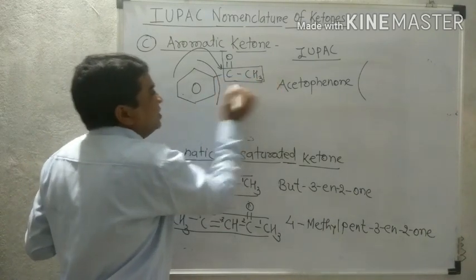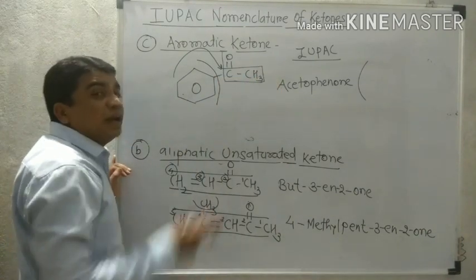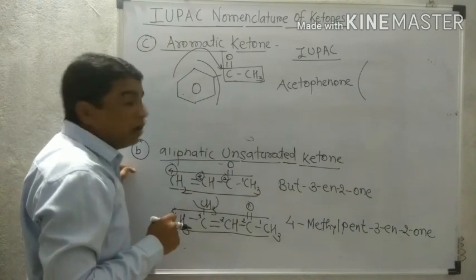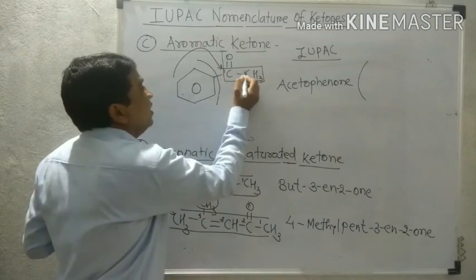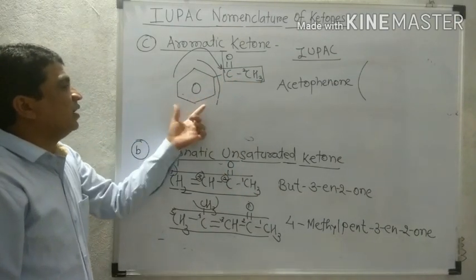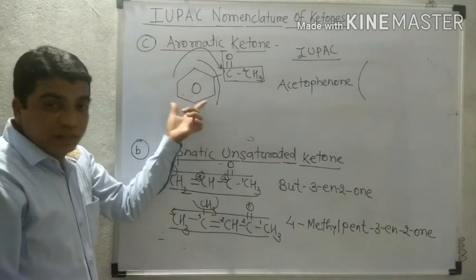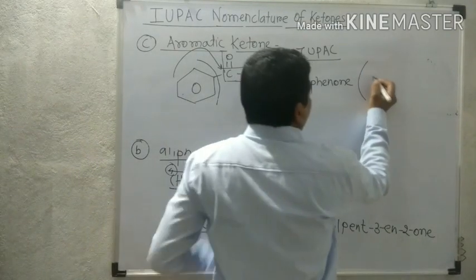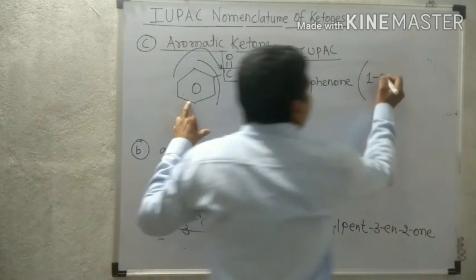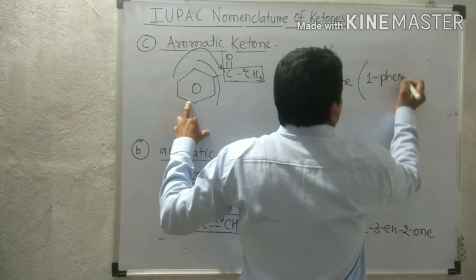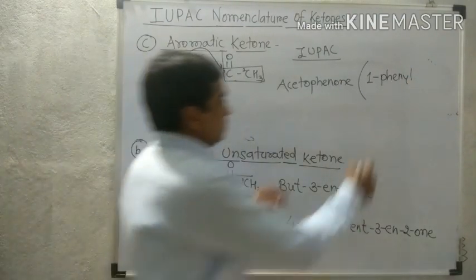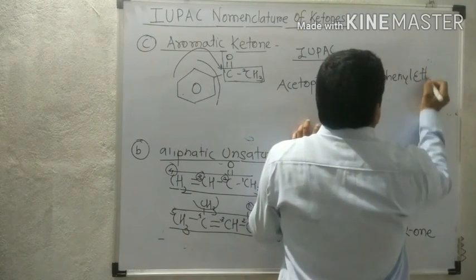So select the carbon chain, which contains 2 carbons. Number the carbon chain from the end nearer to the C double bond O. So obviously it is numbered from this end. So the first carbon is attached with the group called phenyl, and the remaining 2 carbons make ethane.